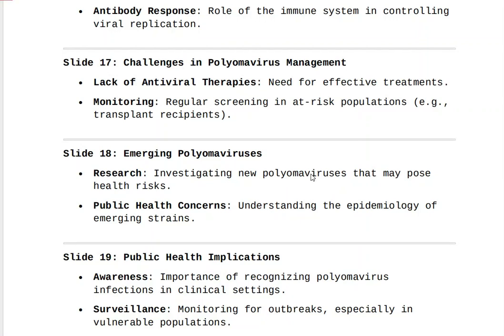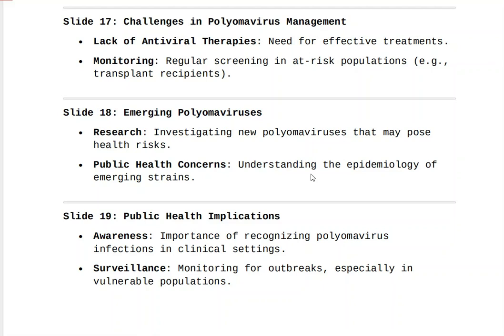You will notice that most of the time, since we follow this kind of pattern in our presentation, for many of the viruses, as of yet, we don't have treatments available. So we have to screen people who are at risk of this kind of infection, like transplant patients for BK virus.